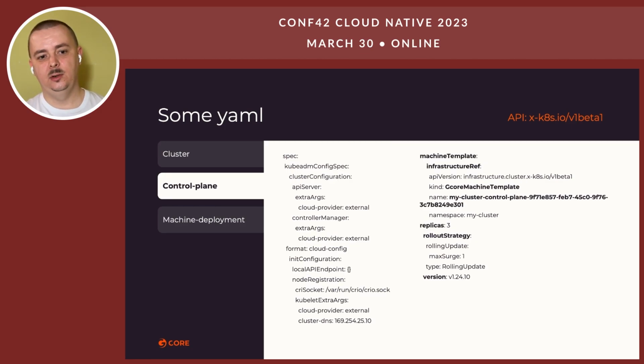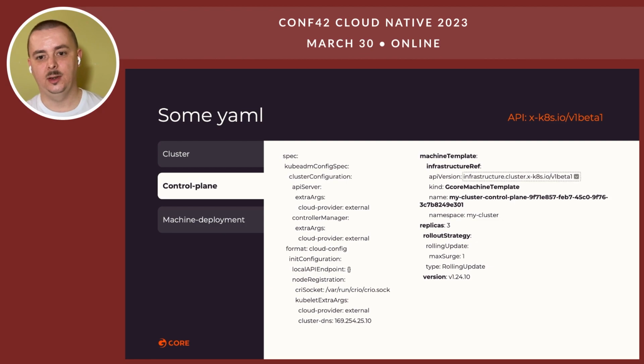And if we take a look at the control plane, we'll see pretty much the same thing. It says, okay, we need 3 replicas of control plane nodes with some Kubernetes version, and it has a reference to the infrastructure provider, to the kind gcore machine template. So we have a template for the gcore specific infrastructure provider for the machine to create a control plane node, and we need 3 of them.